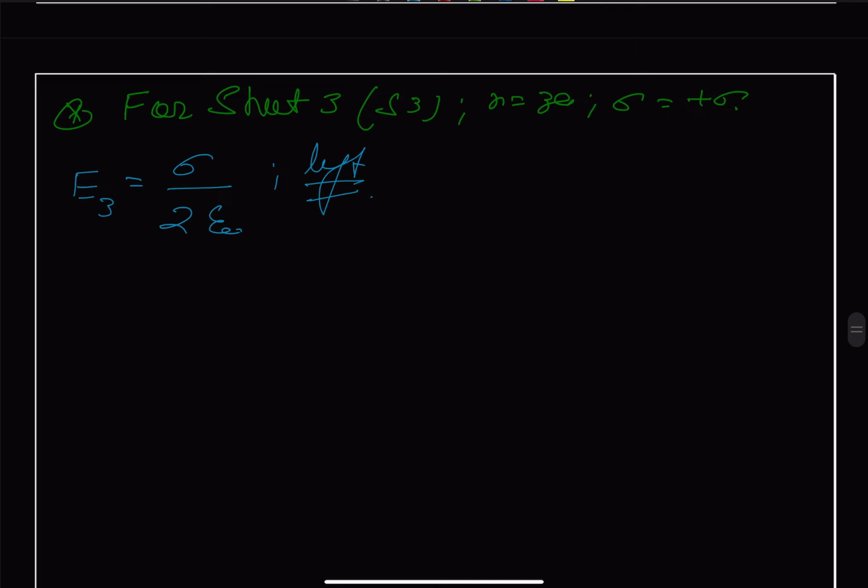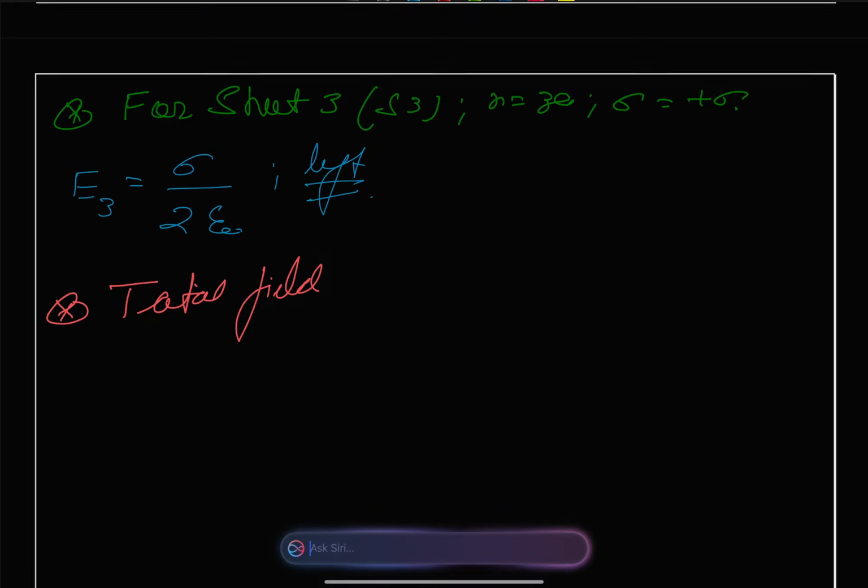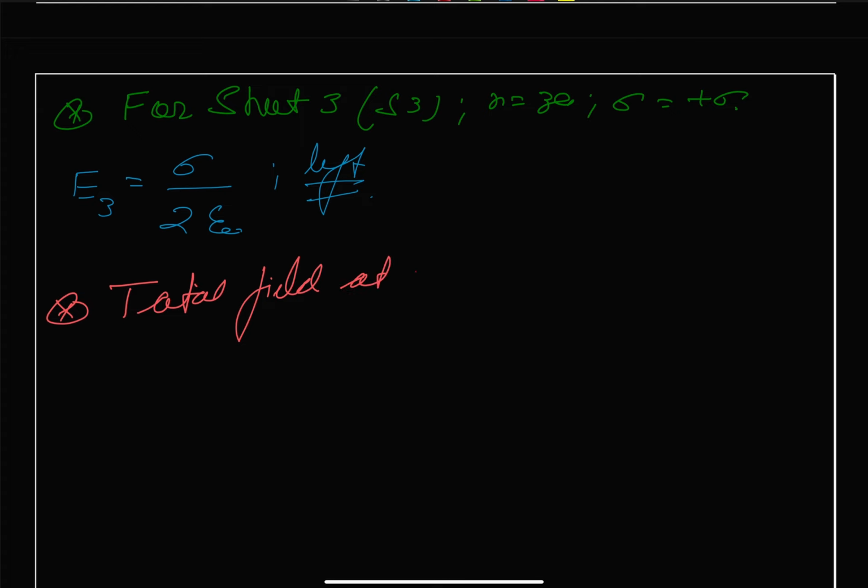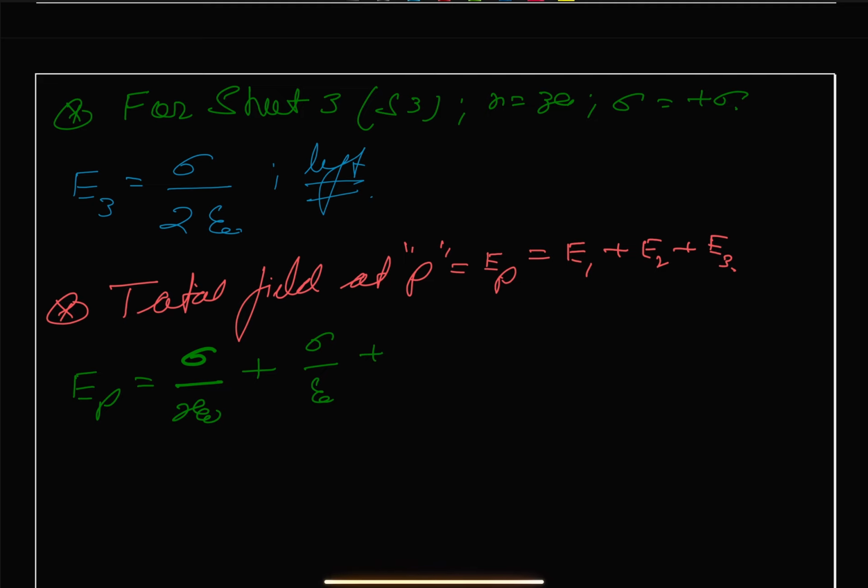So total field at P, let us call that EP, will be equal to E1 plus E2 plus E3. We simply substitute the values. We get EP is equal to sigma upon 2 epsilon naught plus sigma upon epsilon naught plus sigma upon 2 epsilon naught.